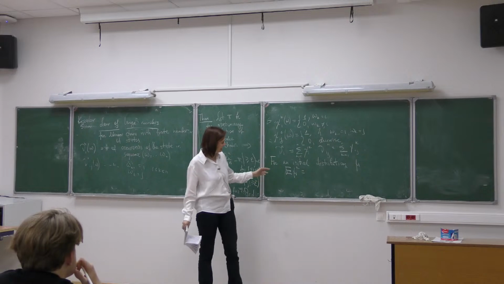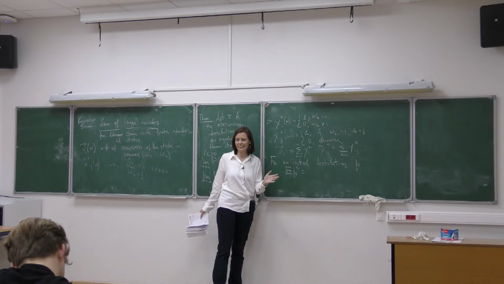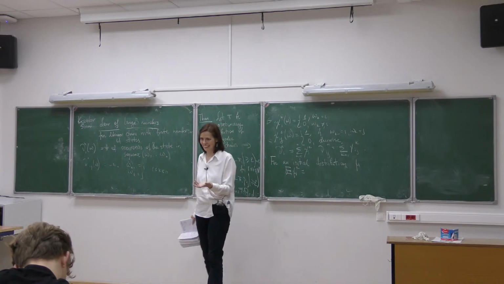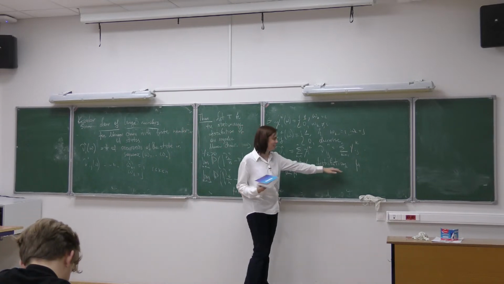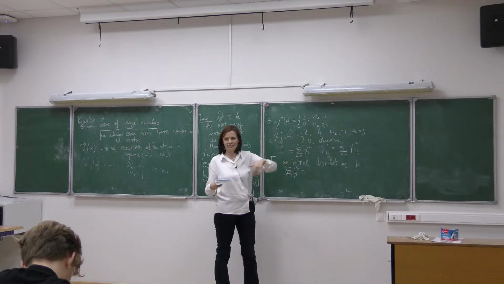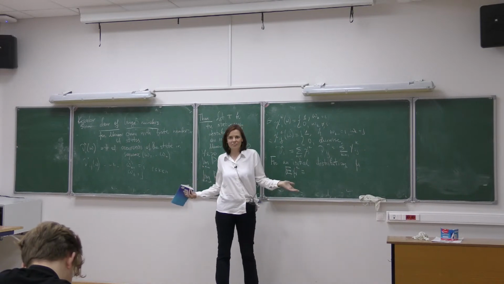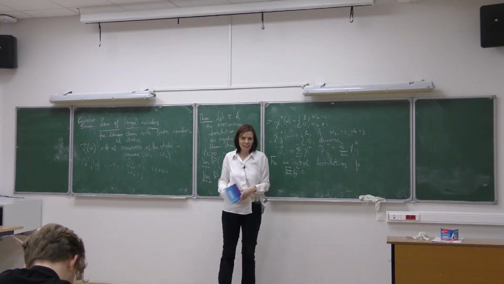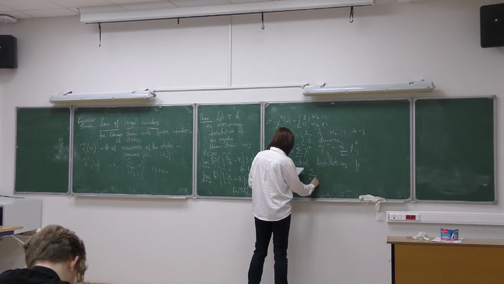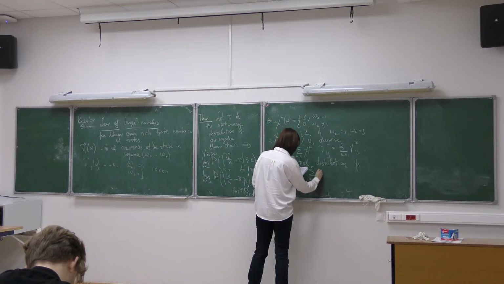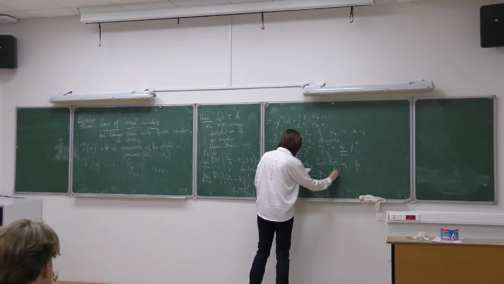So this mathematical expectation in reality is nothing else but the probability of this event. But the probability we can compute if we know the initial distribution and the transition matrix, so we can compute any probability, right? So we can say that this is a sum of mu m p m i k.